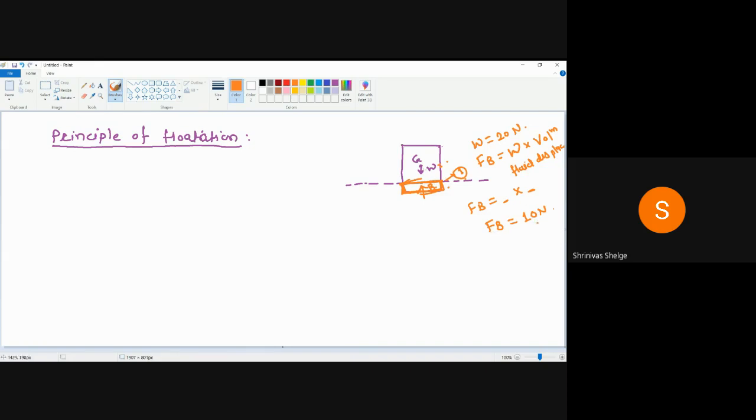So the weight is greater than the buoyancy force. Obviously the body again starts to move in the downward direction. So again I will take the second position, the same body, the same fluid. Now more portion is immersed in the fluid.